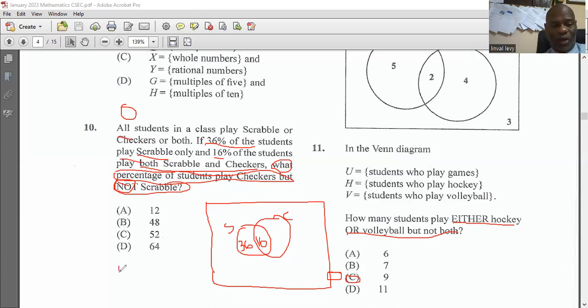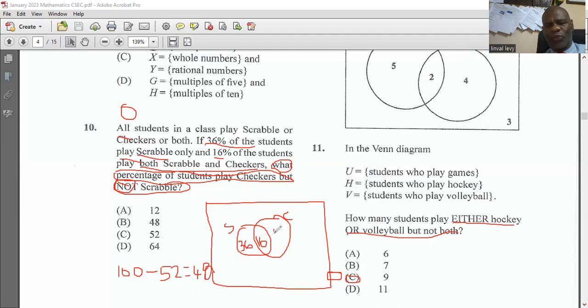So it's 100 minus 36 plus 16, that's 52, equals 48.